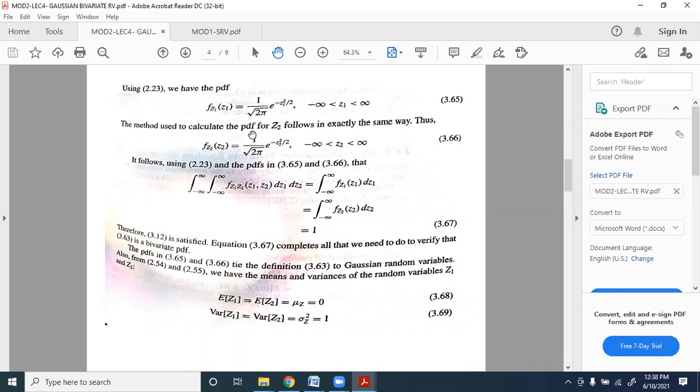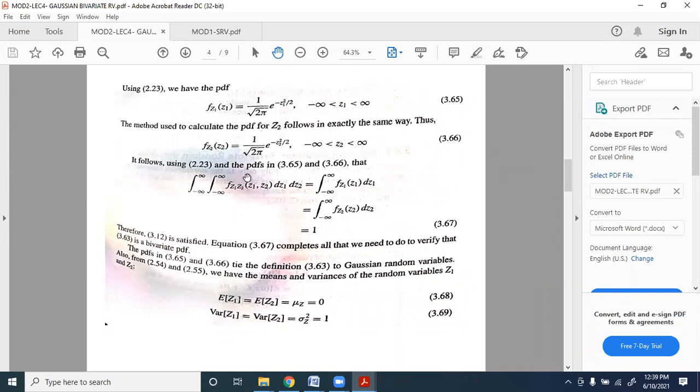And if you integrate each one of these within the interval minus infinity to infinity, we should get a value equal to 1, because the PDF integrated in the whole of the range, whether it is this or this, either way will be equal to 1. And each one of these is nothing but the double integration of the two-dimensional PDF, or bivariate PDF.